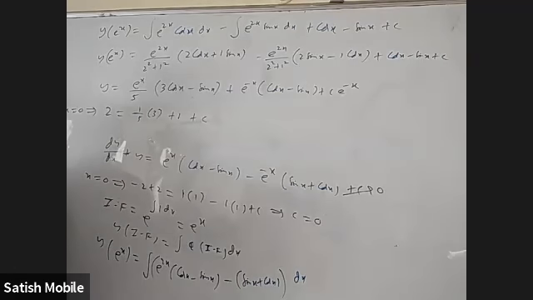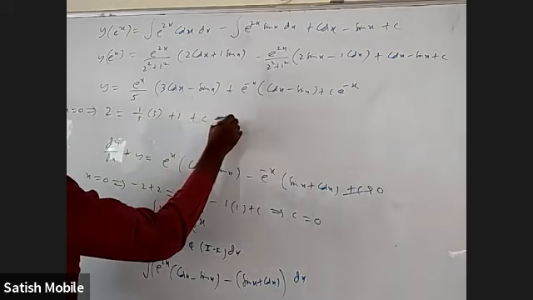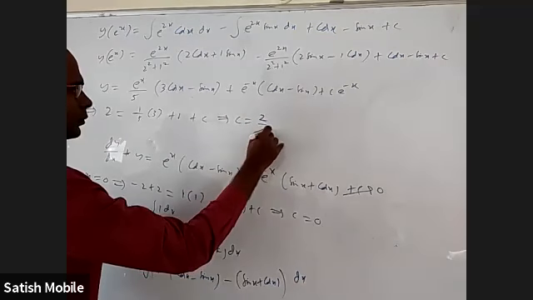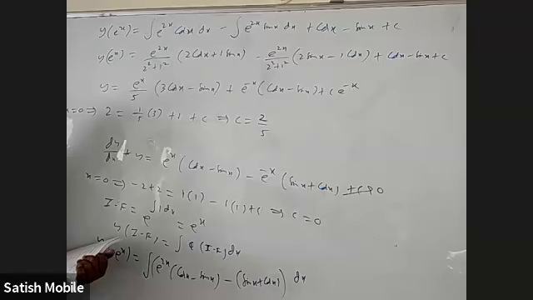That is coming 8 by 5, so 2 minus 8 by 5 is minus 2 by 5. Put 2 by 5 back, so that should be the answer: e power x by 5 into 3 cos x minus sin x plus e power minus x into cos x minus sin x plus 2 by 5 e power minus x.